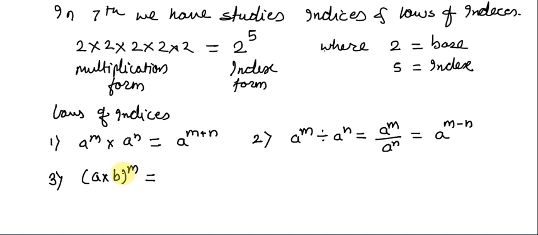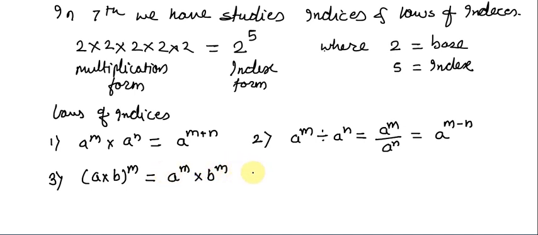Then the third one is the combined product: a into b raised to the power m. Here the bases are different, having a product, and the index is common, therefore we can distribute this power individually to each factor. So a raised to power m multiplied by b raised to power m.